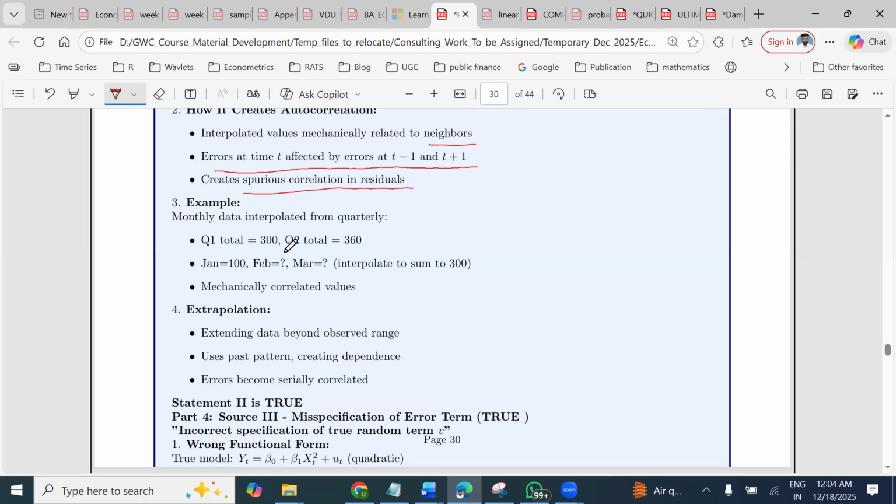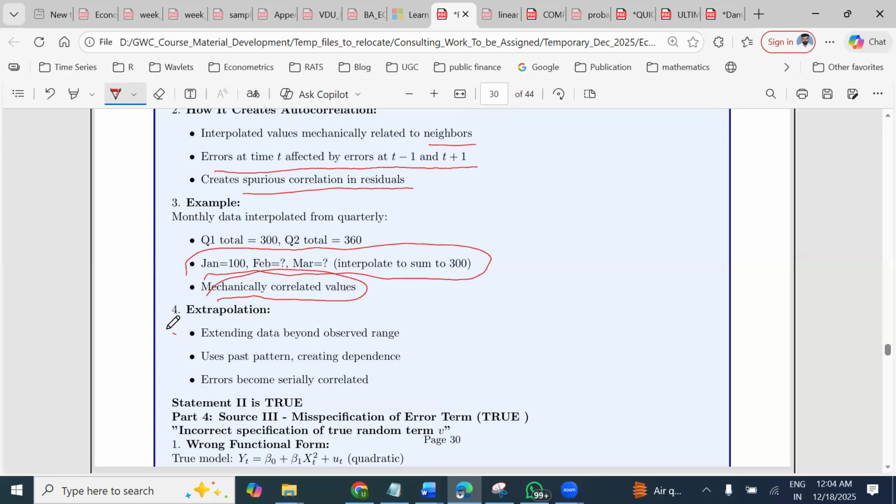When you are converting, let's say the first quarter is 300. So you will put January 100, February 100, March 100. Then definitely these are correlated, isn't it? Because they are coming from 300 only.